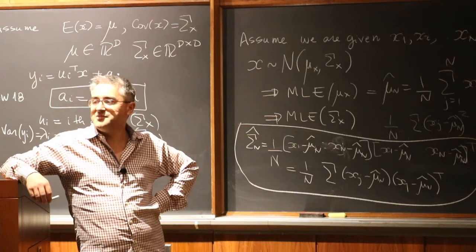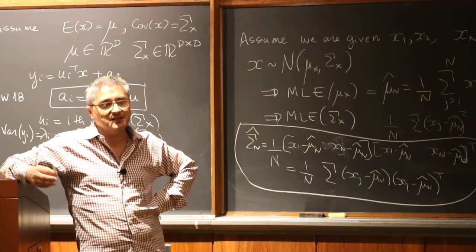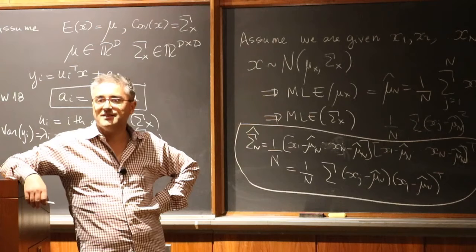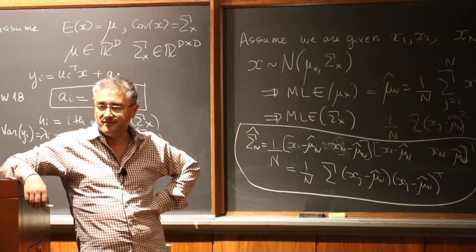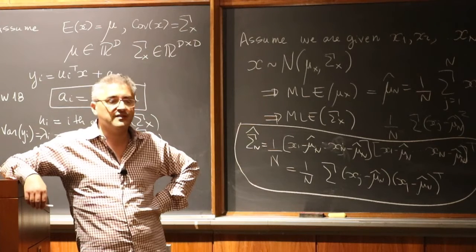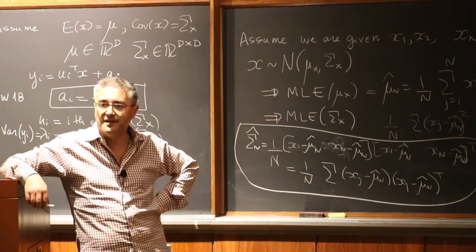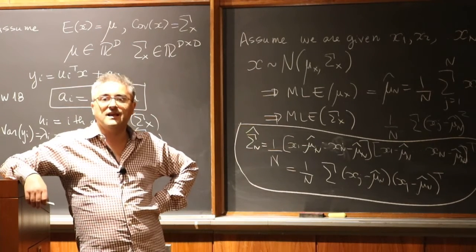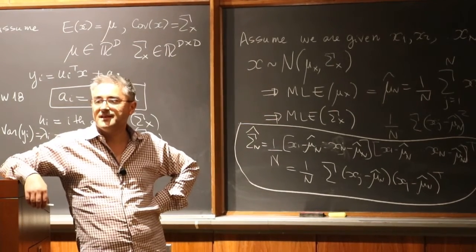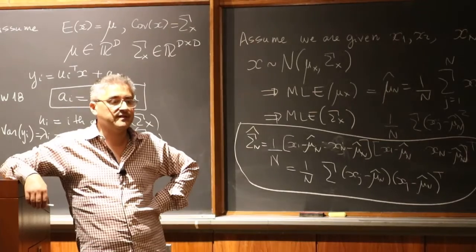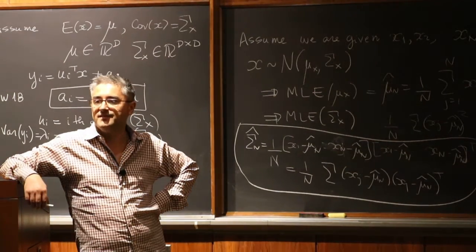Well, whatever the dimension of the images is. It could be millions of pixels. So now you're going to have a matrix that is 1,000,000 by 1,000,000, and you have to compute its eigenvectors. You're going to try to do it, and what's going to happen? You're going to run out of memory, even to store that matrix.